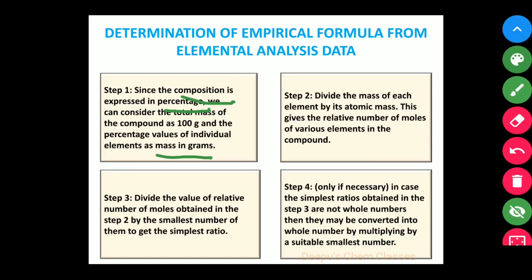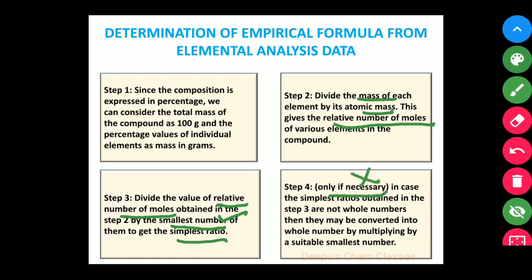Then second step, we have to divide mass by atomic mass, so that we get the relative number of moles. In third step, we have to find the smallest number among the relative number of moles, and divide each relative number of moles by that smallest number, so that we get the simplest ratio. In fourth step, if it is necessary we can apply it, otherwise it is not needed.